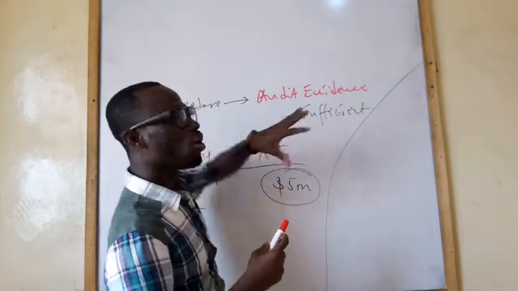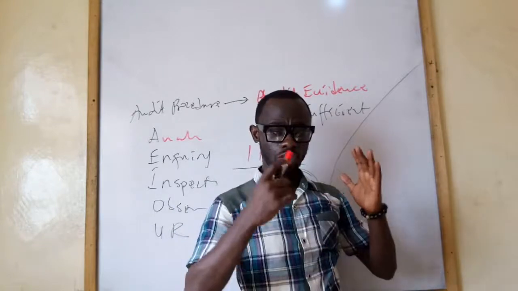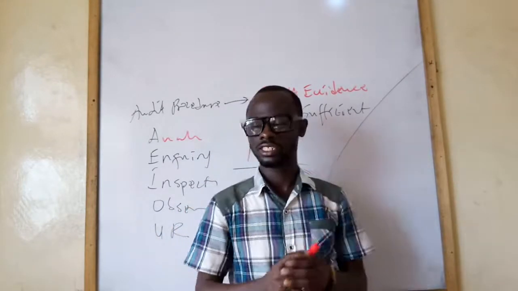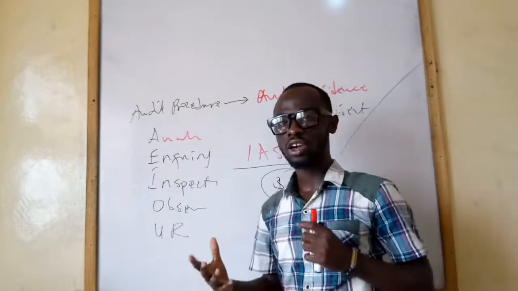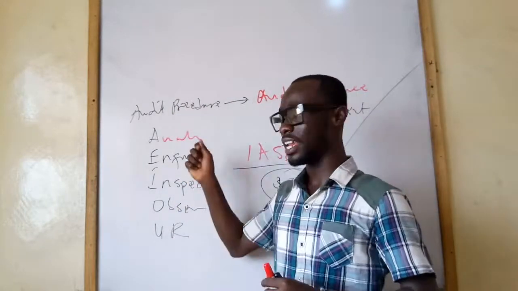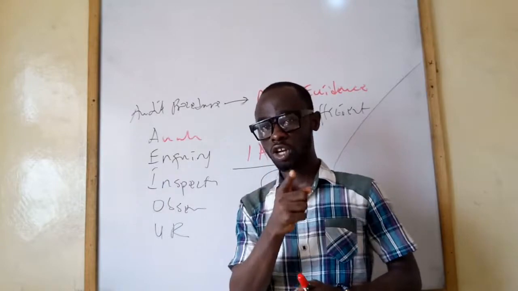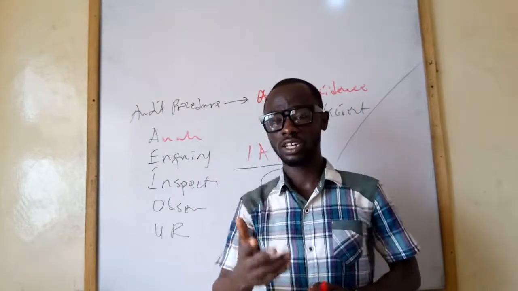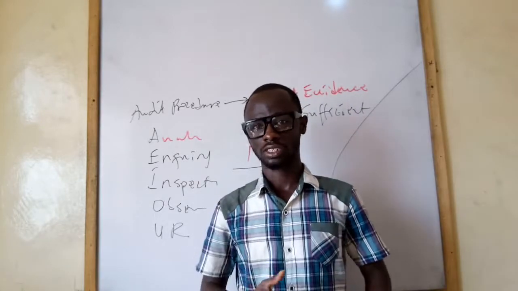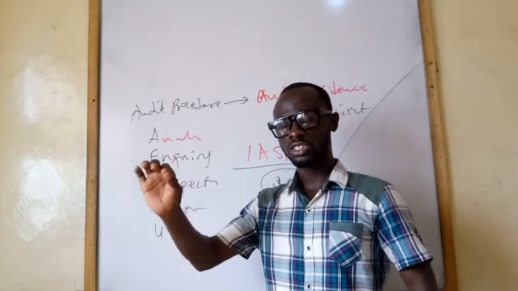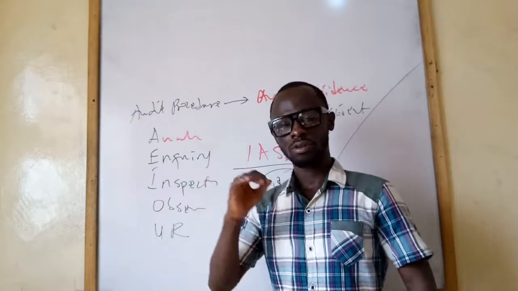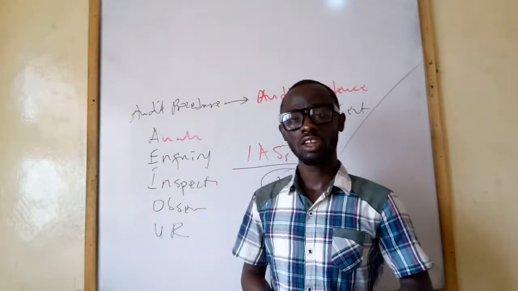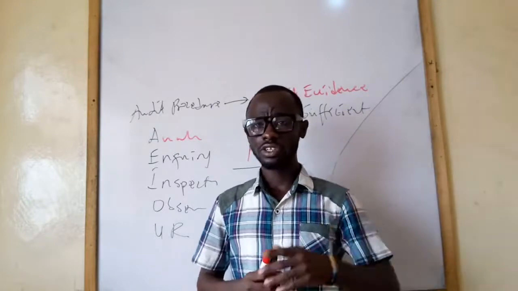Now we'll be going through all these things later on, but I want to give you the tip of the iceberg: during the audit, this is the thing that you're really going to be doing as an auditor, and this is what the examiner is going to be asking you. So the examiner will ask you, what audit procedure must you undertake in order to audit tax? What audit procedure must you undertake in order to audit property, plant, and equipment? What audit procedure must you undertake in order to audit trade receivables?